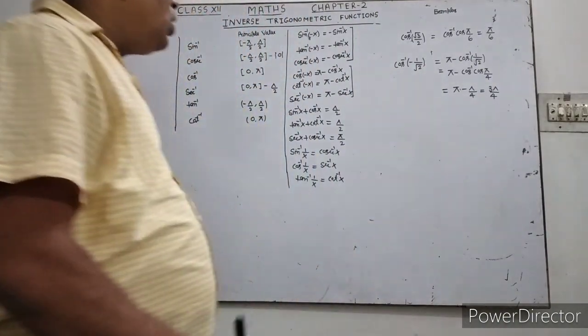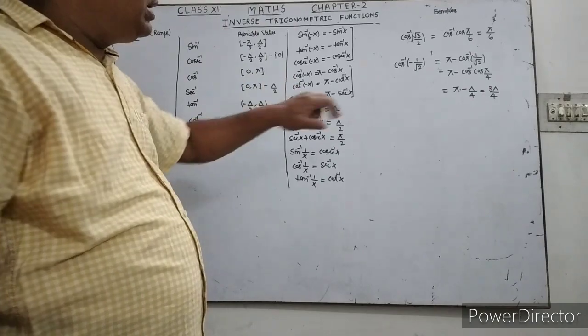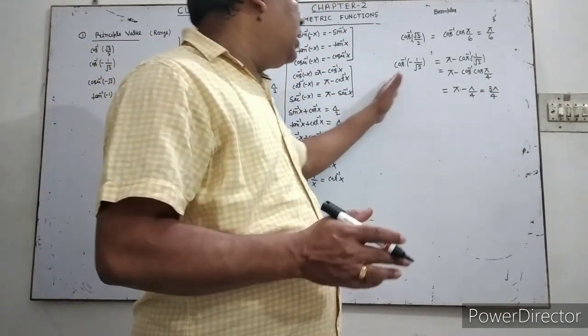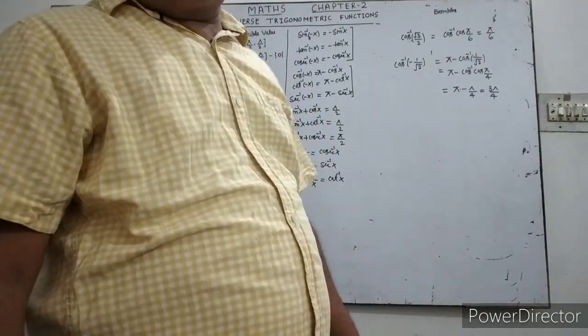What is the range of the cos inverse? The range of the cos inverse is 0 to pi, and 3 pi by 4 is in between 0 to pi. So this is in the range of the cos inverse minus 1 by root 2.